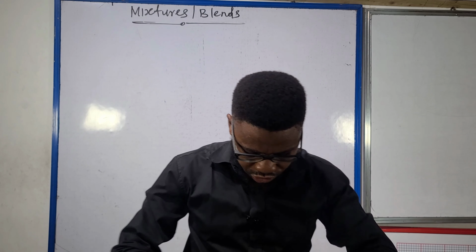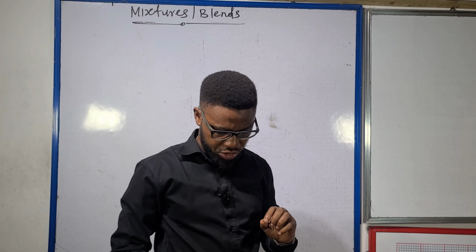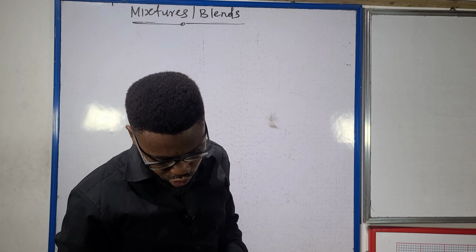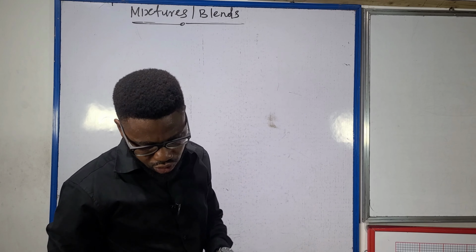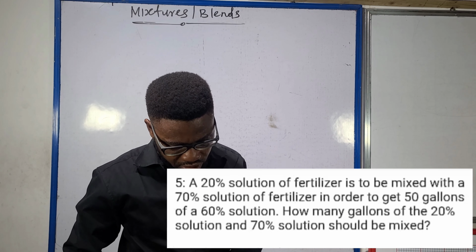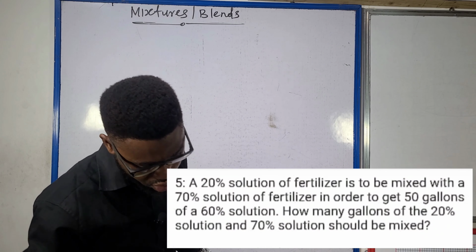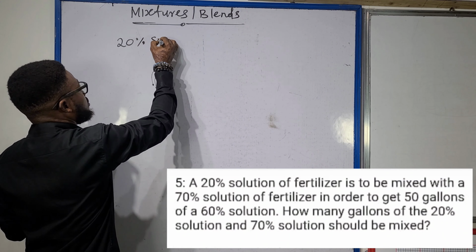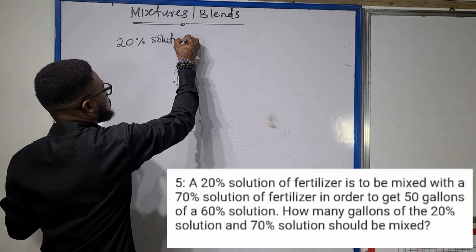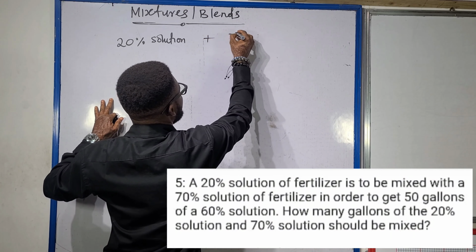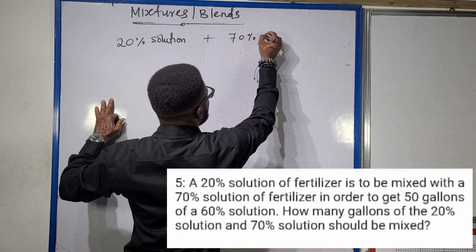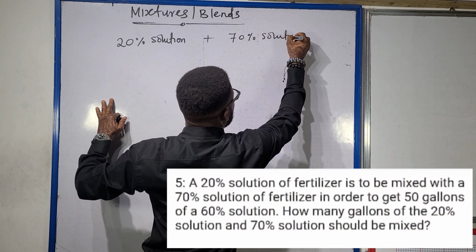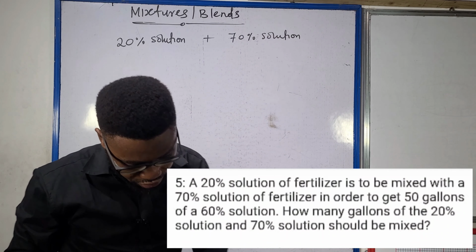Moving on to the next question, as you can see displayed on your screen, you have a 20% solution of fertilizer, which is to be mixed with a 70% solution of fertilizer. That's the first thing you see in that question.